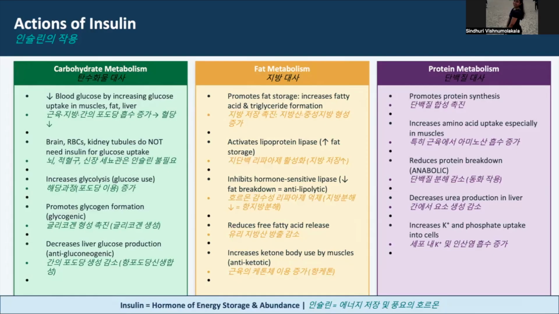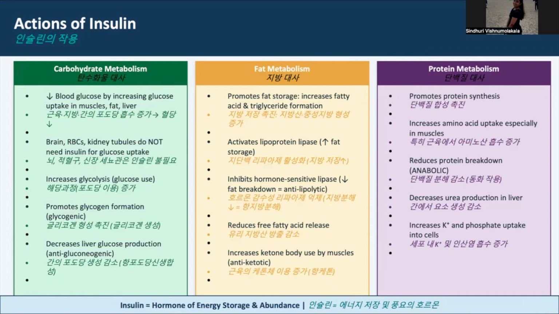Now let's understand the actions of insulin on fat metabolism. First, it promotes the synthesis of free fatty acids and triglycerides in muscles, adipose tissue, and liver. And how? It stimulates lipoprotein lipase, which breaks down circulating triglycerides.